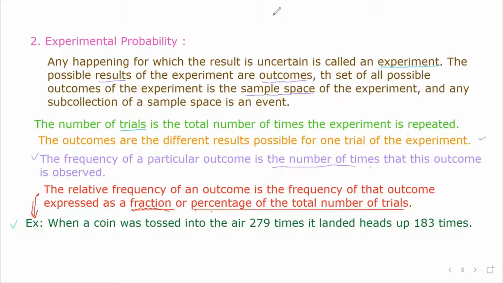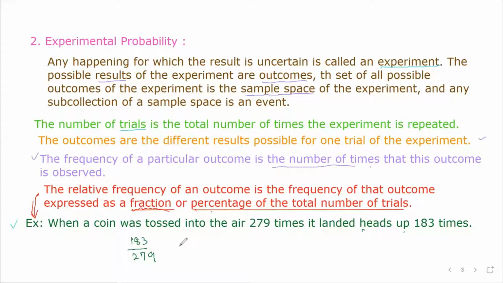In this case, you keep tossing the coin, and it was tossed 279 times. So this is the total, correct? But then the coin landed heads up 183 times. So the experimental probability is going to be 183 over 279. So this is the answer for this example.